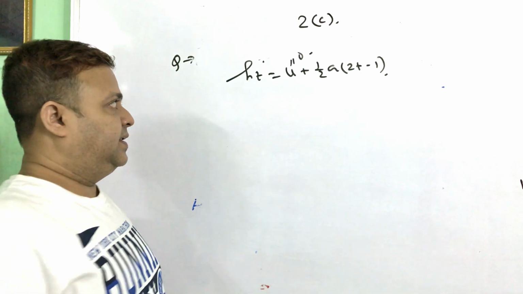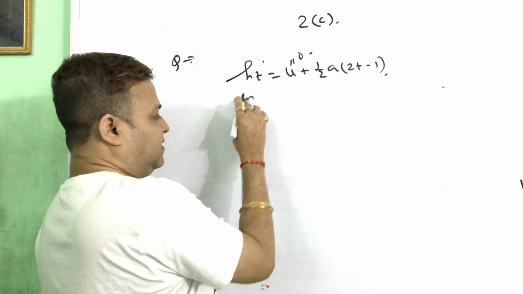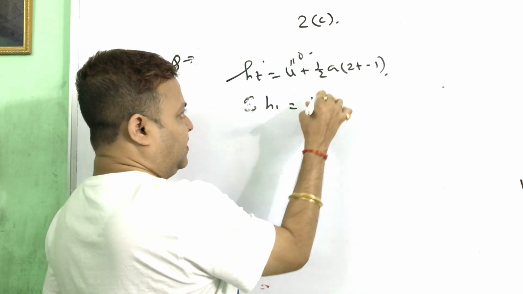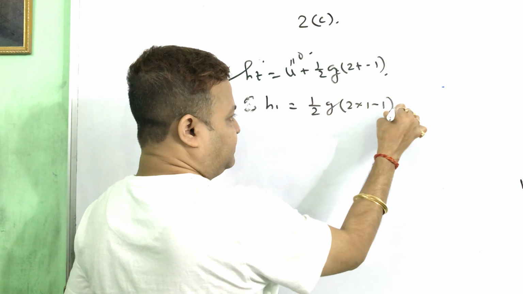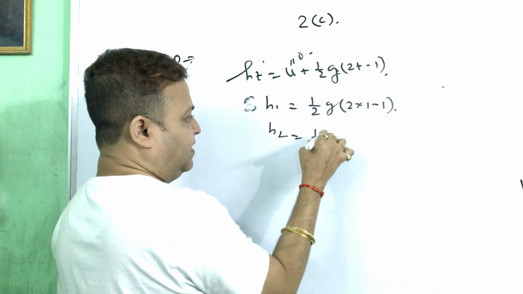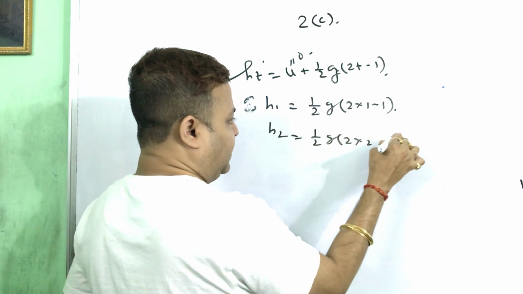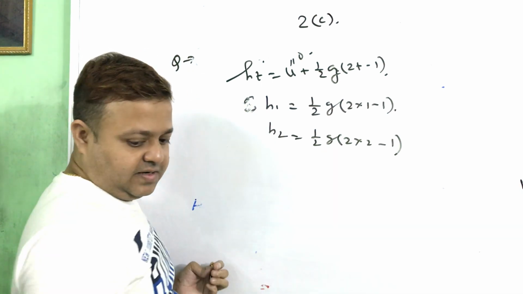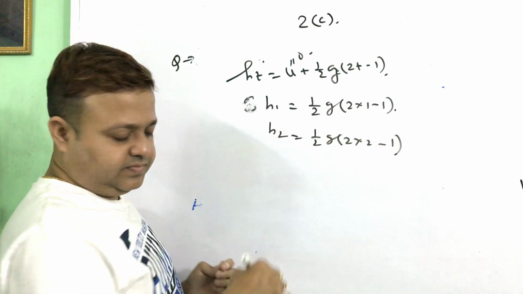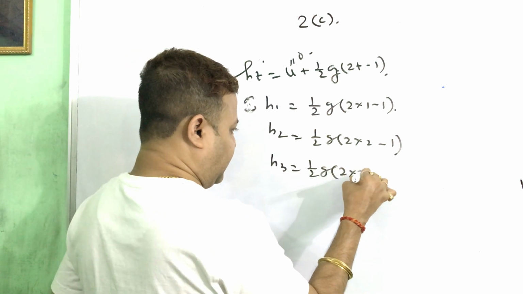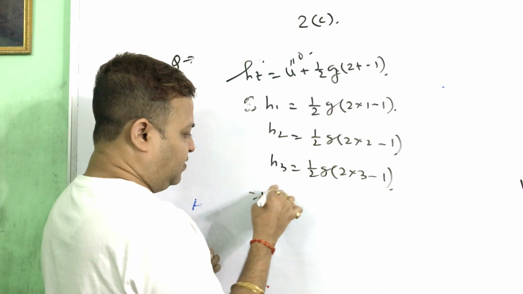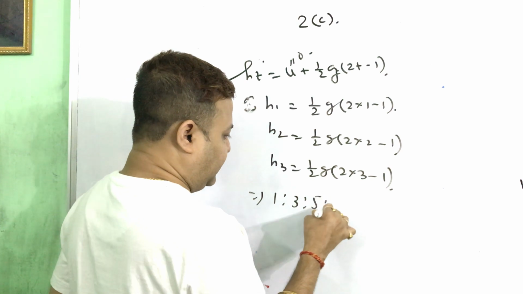Successive second, that is in the first second, height covered is half g into 2 into 1 minus 1, second half g into 2 into 2 minus 1, third half g into 2 into 3 minus 1, that is 1 is to 3 is to 5 is to 7.